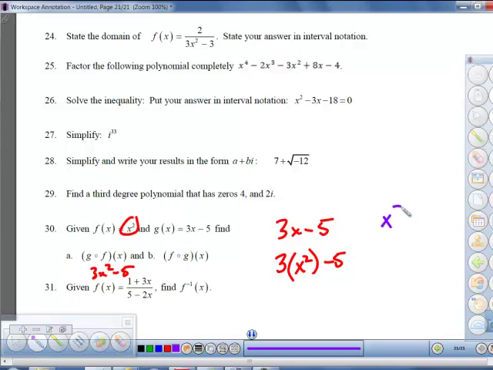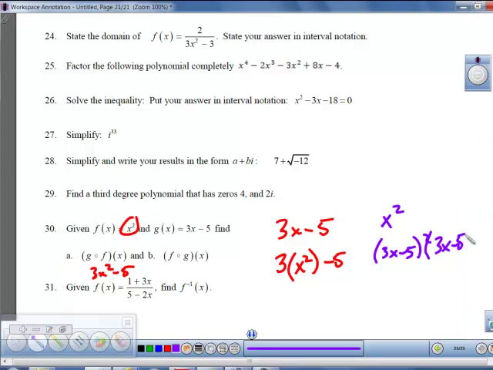So instead of just x squared, I'm going 3x minus 5 squared. That means I got to multiply it like this, 3x minus 5. I'm thinking it's wanting us to do this. So that will be 9x squared, and then plus 25. And then multiply those 15 times 2, which would be 30. So minus 30x.